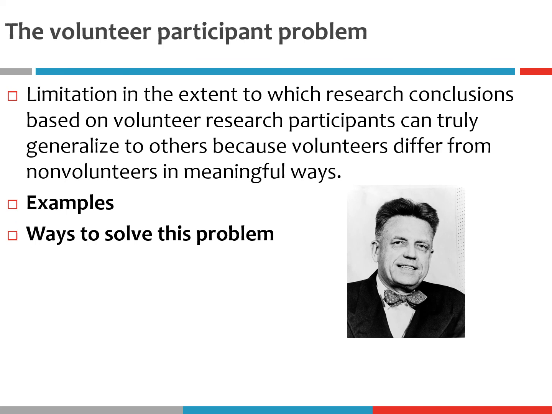Okay, so another thing that we have to be aware of is that people who participate in research studies tend to be better educated, they tend to be more intelligent, they tend to have a greater need for social approval, and they also tend to be in a higher strata for socioeconomic status, right?